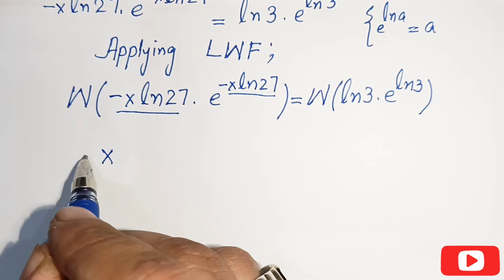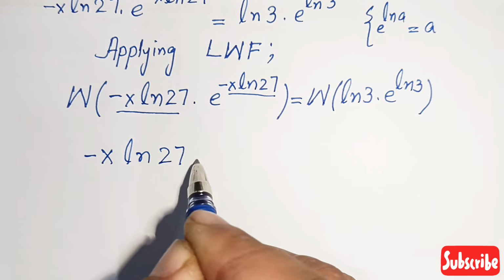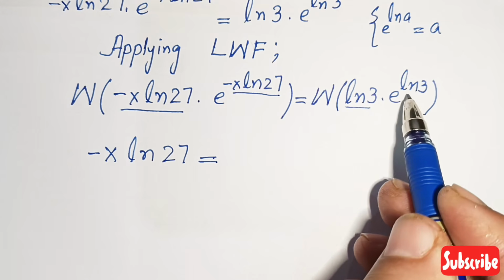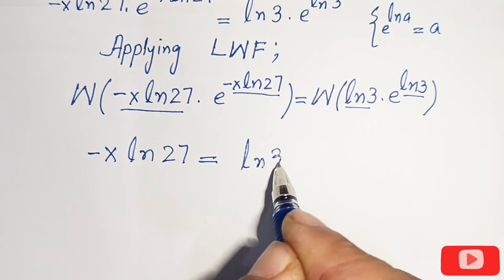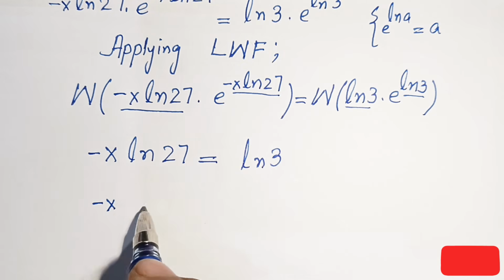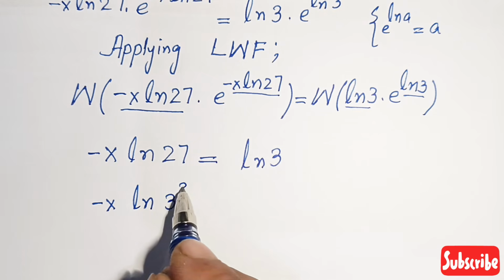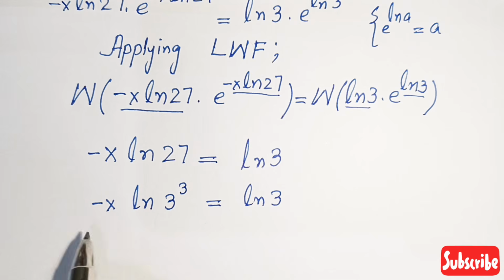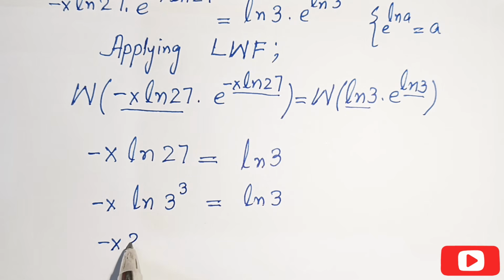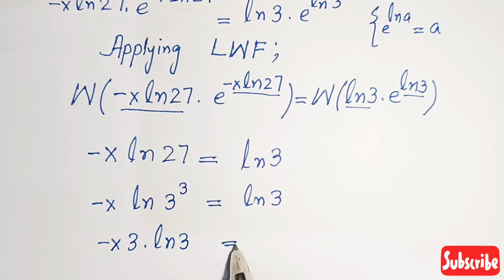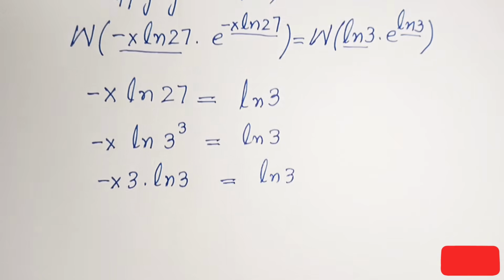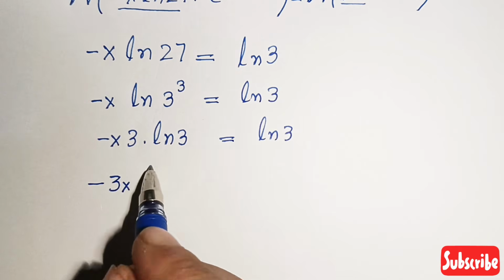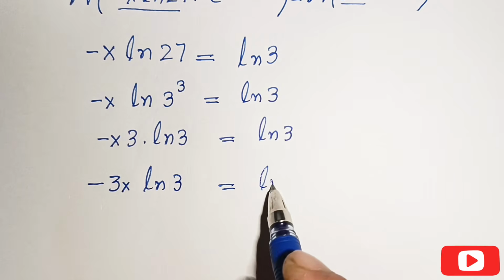So we have minus x natural log of 27 is equal to, now our right hand side is natural log of 3. Now minus x natural log of 27 can be written as 3 cubed, which is equal to natural log of 3. So applying logarithm powers law, we get minus x times 3 times natural log of 3 is equal to natural log of 3. So this 3 times x can be written as minus 3x, and natural log of 3 is equal to natural log of 3.